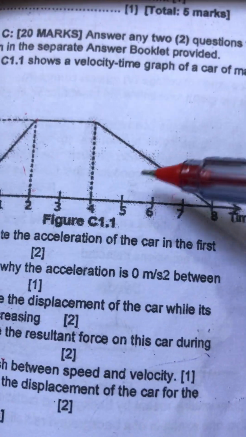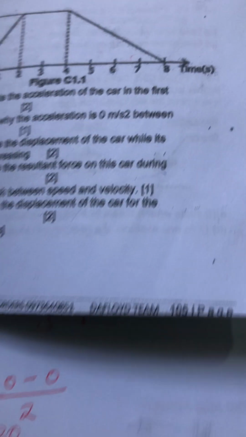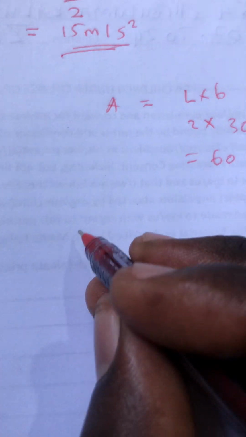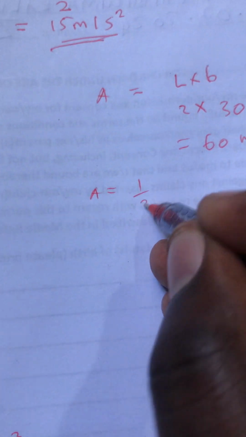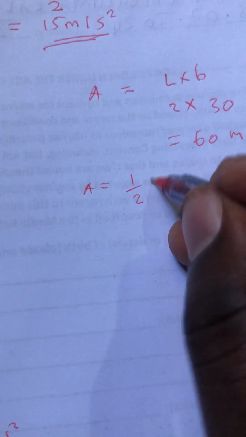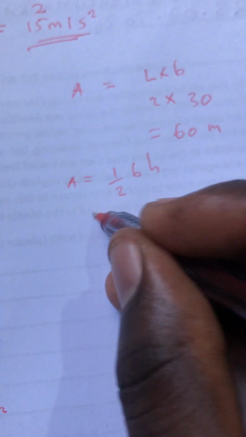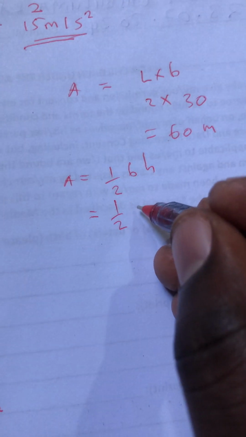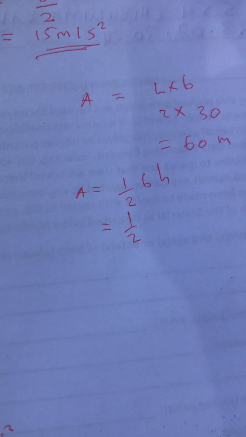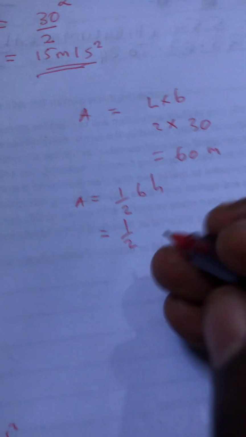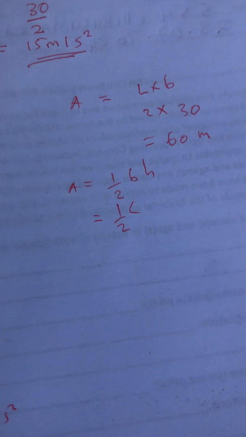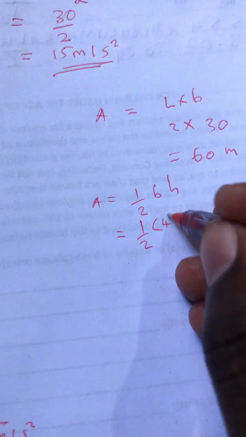And then you go to this other shape. This is also a triangle. You can find the displacement for that triangle by using the formula for the area of a triangle, half BH. How much is B? It is from 4 to 8, that is 4. We're just subtracting the smaller one from the bigger one, so 8 minus 4 is 4.